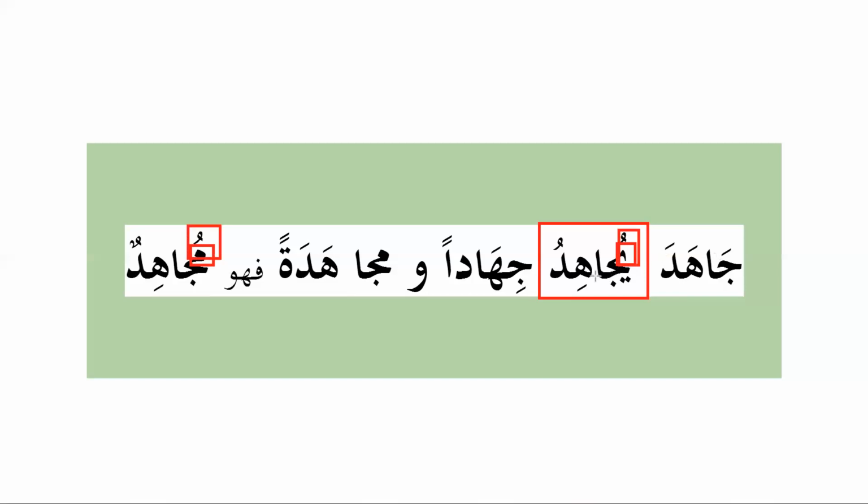Active form, yujahidu is the present fi'l mudare, and fi'l mudare has dhamma on the symbol of mudare in family 3 also. And then we have two masdar, jihadan wa mujahadatan, and then mujahidun. So ain kalma has kasra in the present tense also and ism fa'il also.